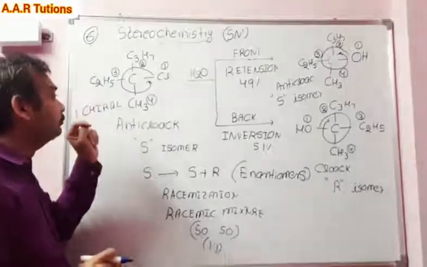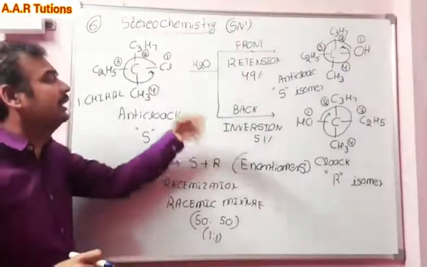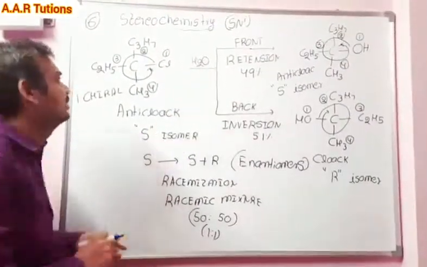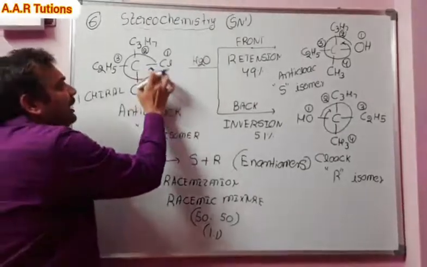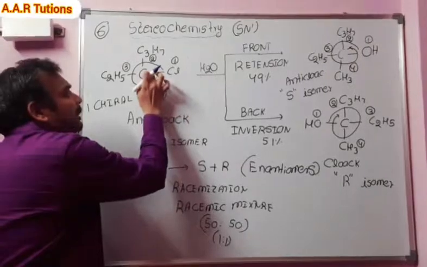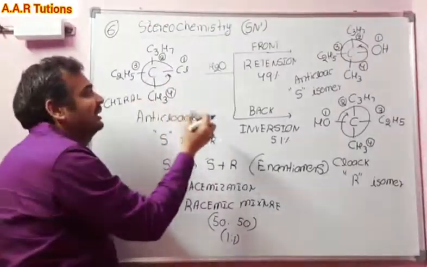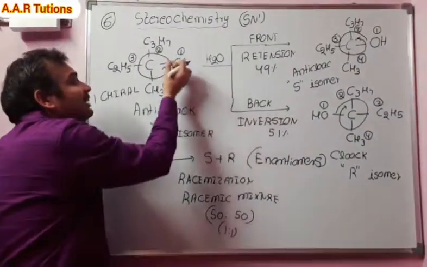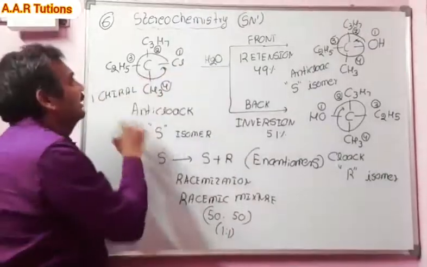Why is the inversion isomer a little more than the retention isomer? After forming the carbocation, Cl minus is still maintaining some interaction with C plus. As a result, the probability of attack on this side is less when compared to the back side.